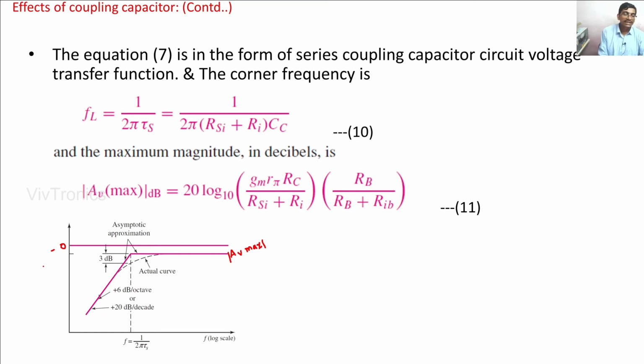At low frequencies the gain is increasing, and it reaches its steady state response at the lower corner frequency FL, equal to 1 by 2 pi tau S. After 2 octaves, the gain reaches the steady state response, AV maximum.